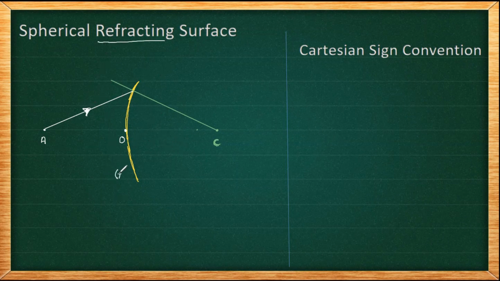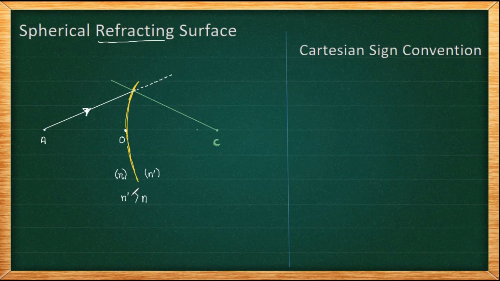Let the index of refraction here be n, and here n prime, and that n prime is bigger than n. If they were of the same material, the ray would have gone this path, but then it will be refracted.